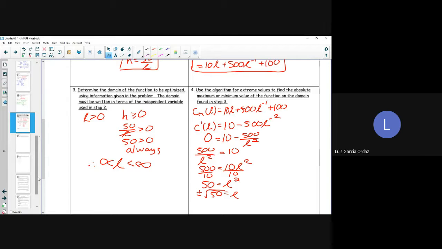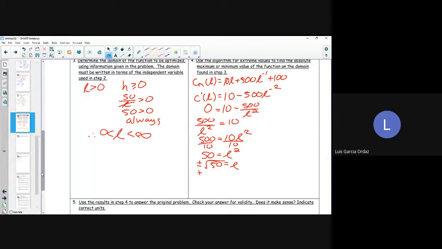Can I simplify that? How can I simplify root 50? So I get 5 root 2, thank you, Anna.